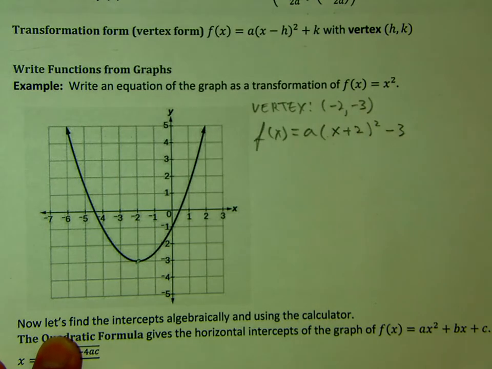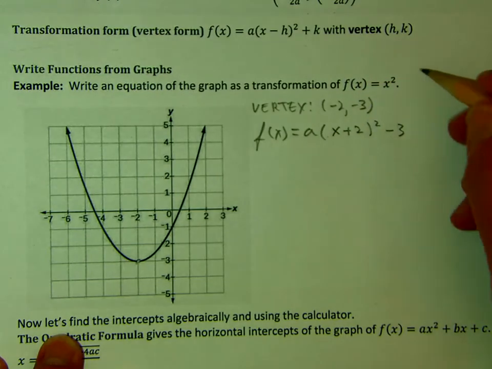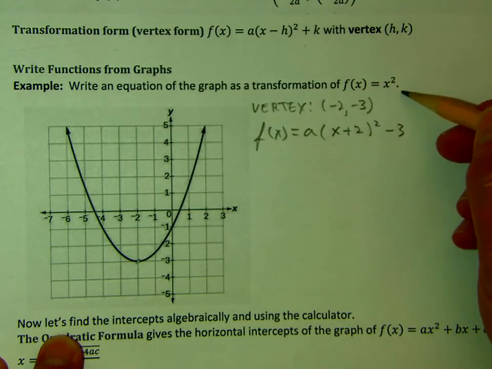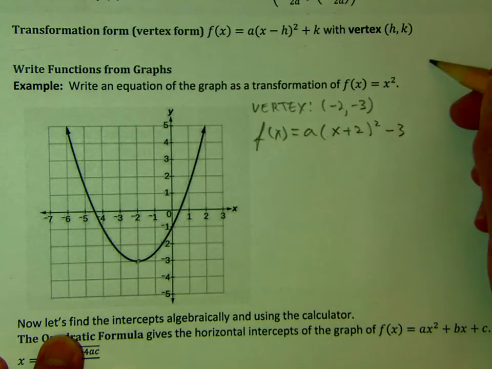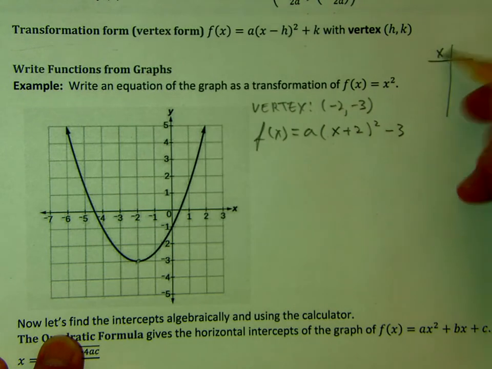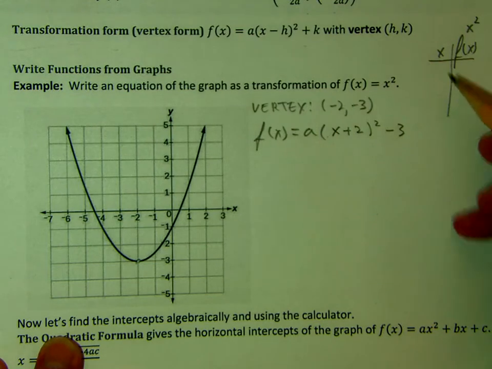I want to look at two different ways to solve this. If you consider your basic toolkit function f of x equals x squared, we know that the vertex is at 0, 0.